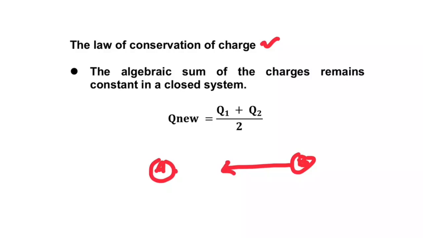So the formula we use for the law of conservation of charge, to find the charge on two spheres after we let them touch and separate them, is Q new equals Q1 plus Q2 divided by 2. You just simply add the two charges and divide by 2.